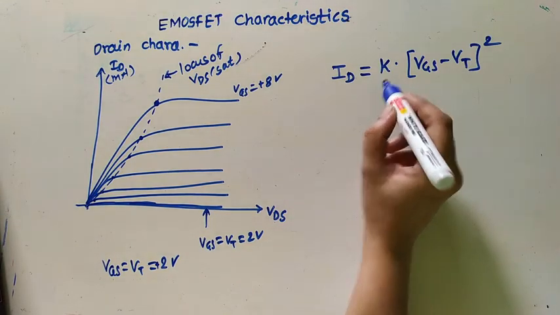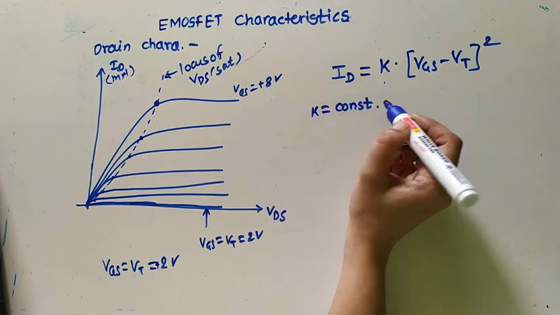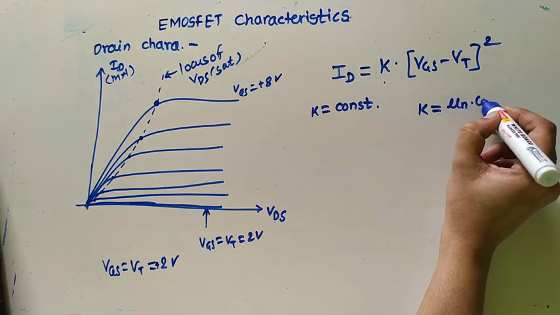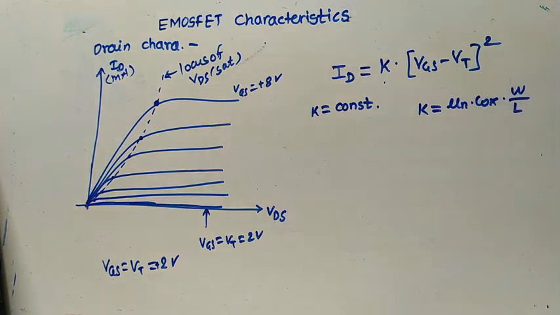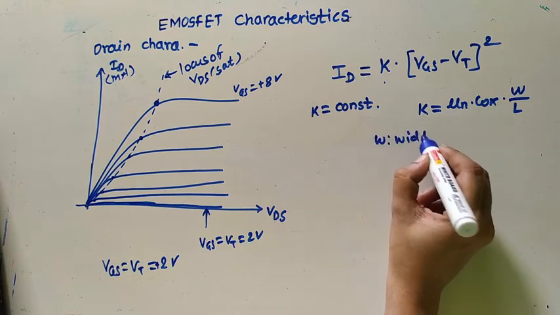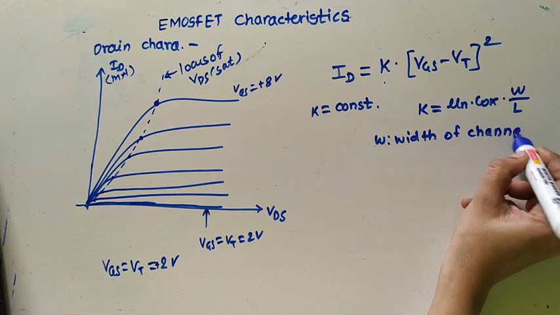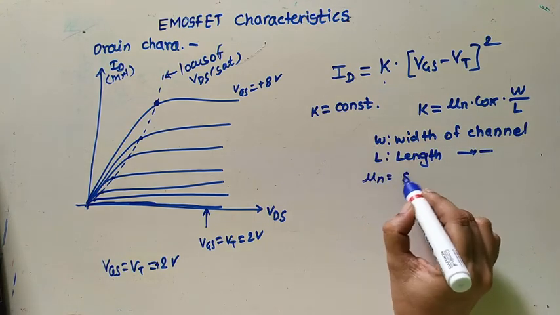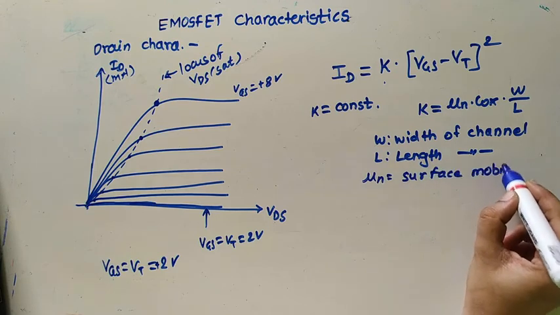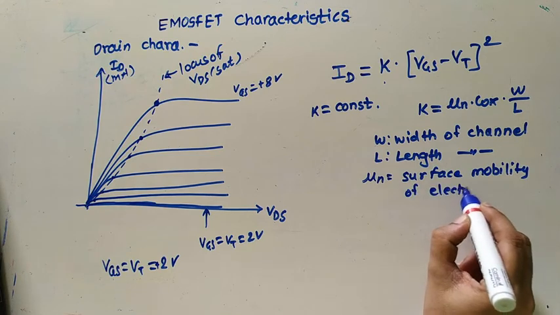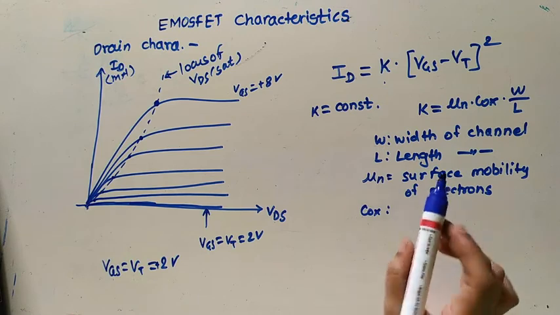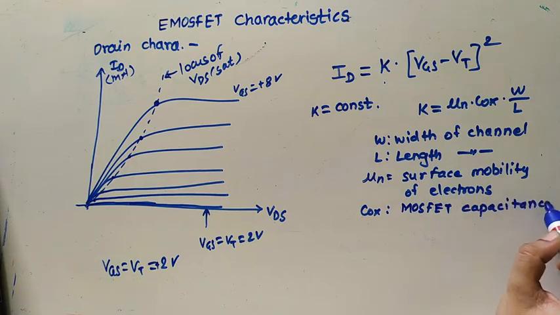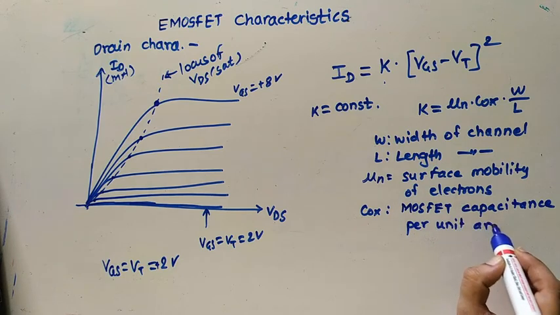Here this K is nothing but a constant that is a function of the construction of the device, and the value of K is given as mu n into C ox into W by L, where W is the width of the channel, L is the length of the channel, mu n is the surface mobility of electrons, and C ox is the MOSFET capacitance per unit area.